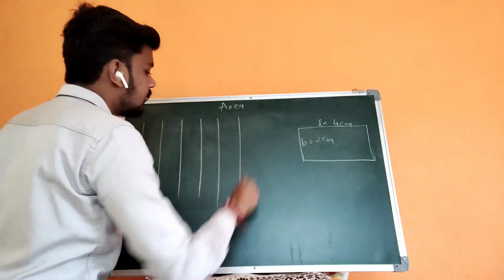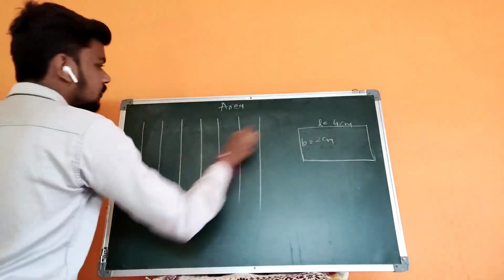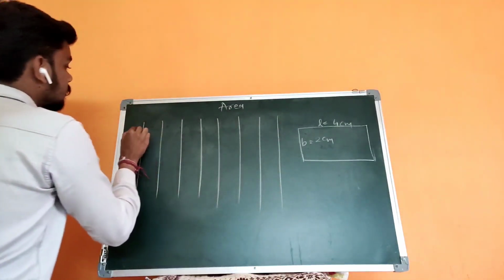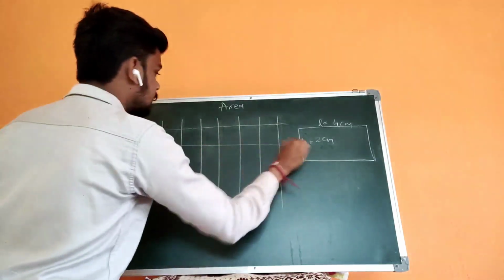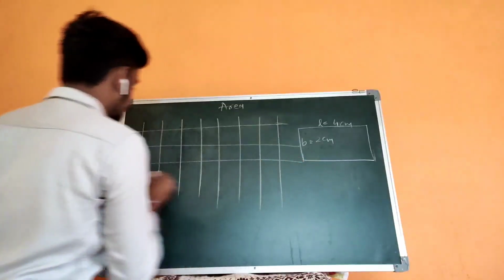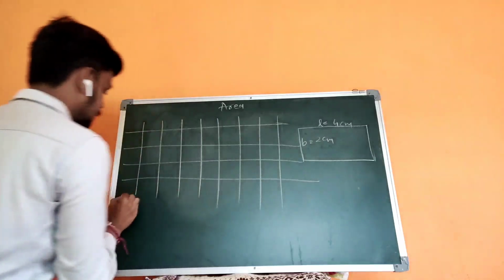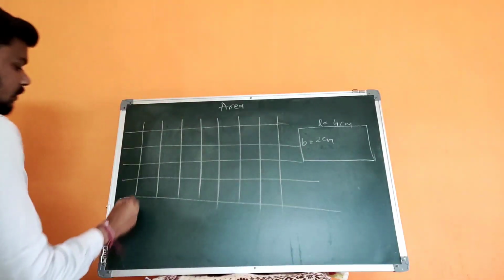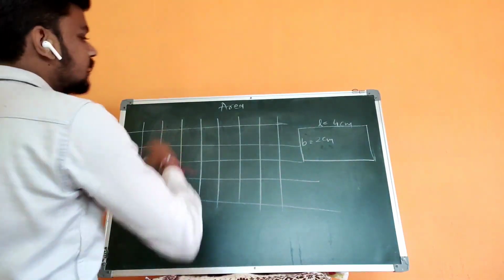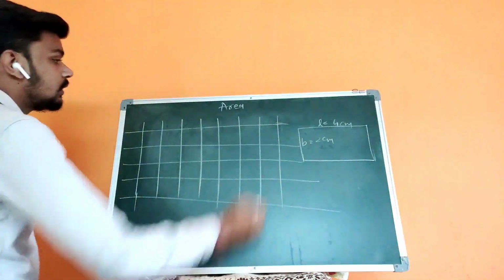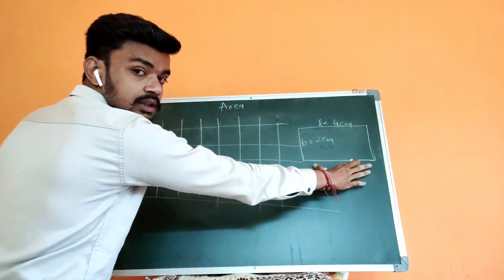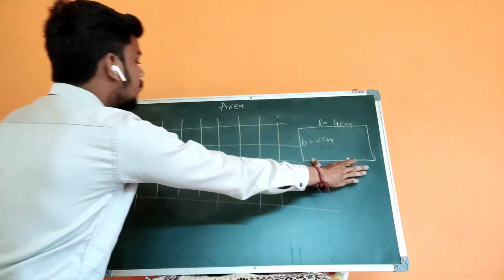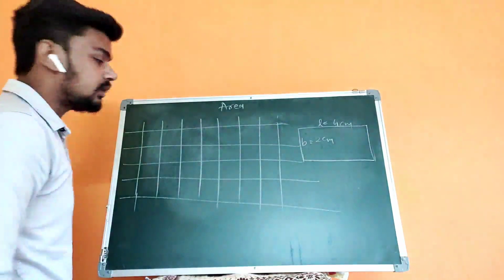I guess you are aware of the square grid because we have done so many questions on that in the last exercise. Okay, so this is the square grid. It is a square grid of 1 by 1 centimeter. Right? Now let's put this compass or the figure into this square grid.